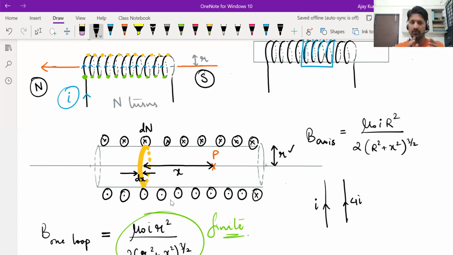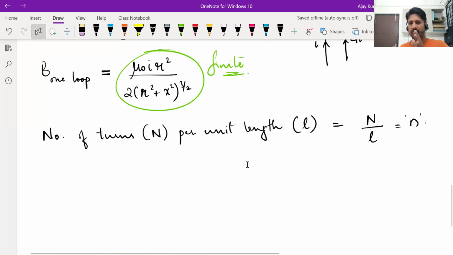So we are doing the same thing here. In this width, there are a number of turns like this. Fine. What is that number of turns and all? We'll derive the expression. And the current in that width dx will be the sum of all those currents. That idea we'll be using in a solenoid. So number of turns per unit length, capital N by L, let's equate it to small n.